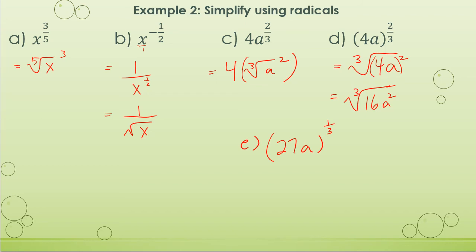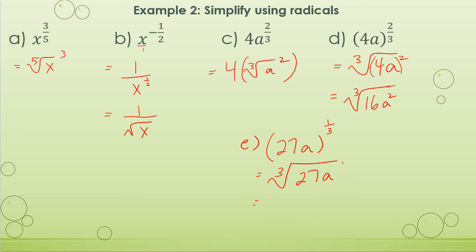So because the 27a is in brackets, that 1/3 applies to everything. What does that do? That is the third root of 27a. And again, if you want to write the 1 here, you can.